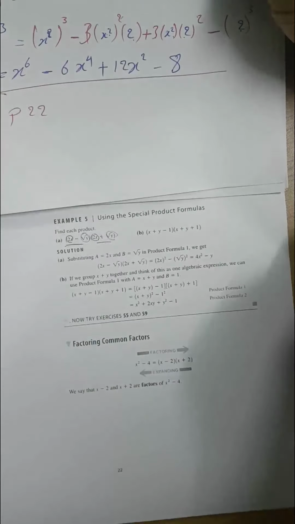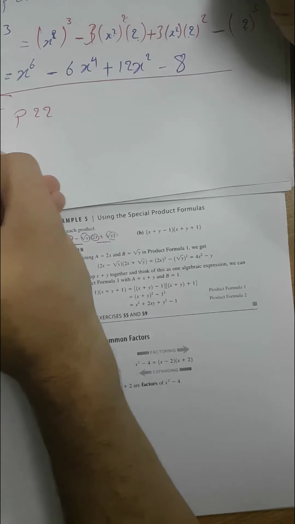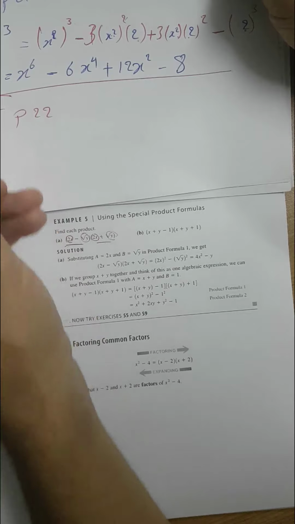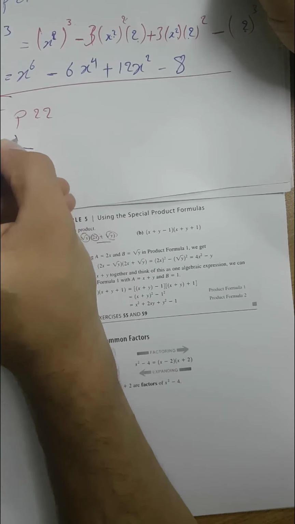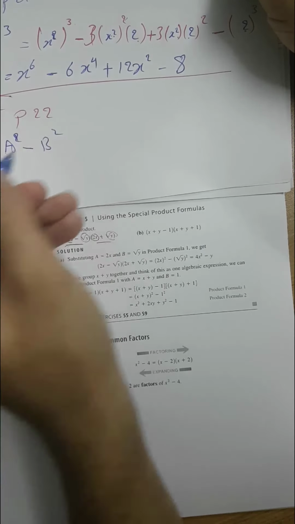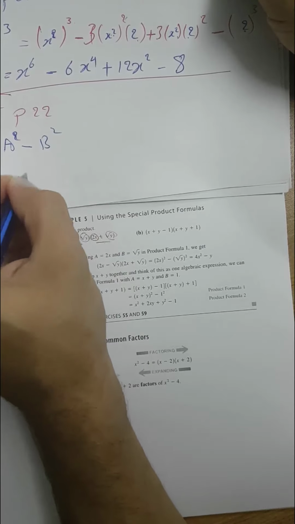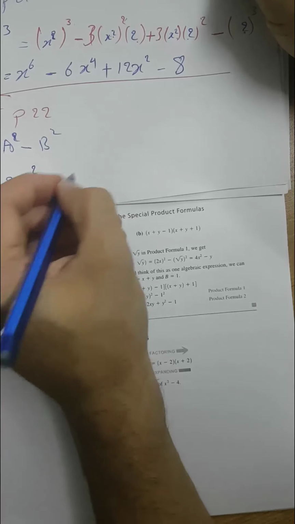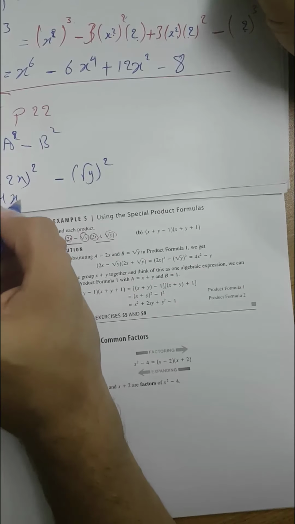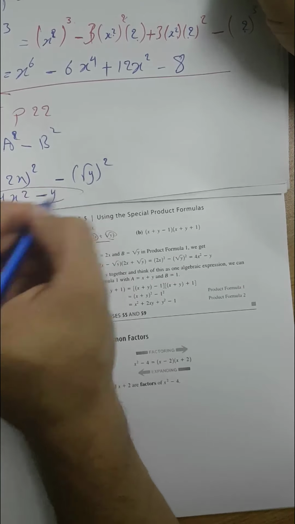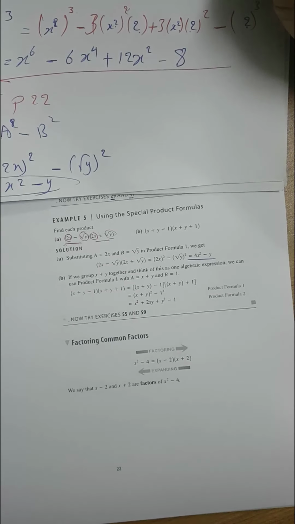A, you see, I will say it is equal to a squared minus b squared, which means it is equal to 2x squared minus this, equal to 4x squared minus y. That's all that you need to do. Okay, dear?